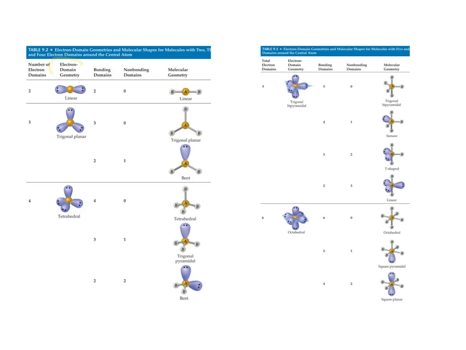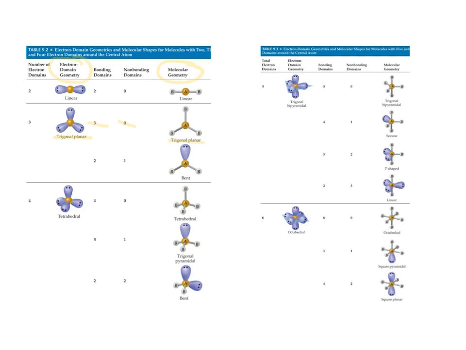and the molecular geometry. In some of those cases, where all of those electron domains were bonding domains and no non-bonding domains, both the electron domain geometry and the molecular geometry were identical.